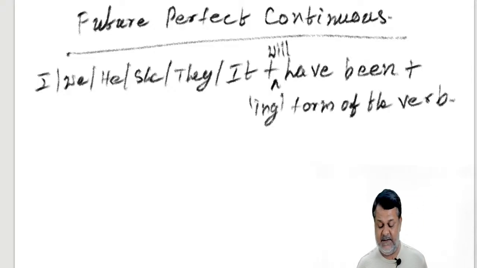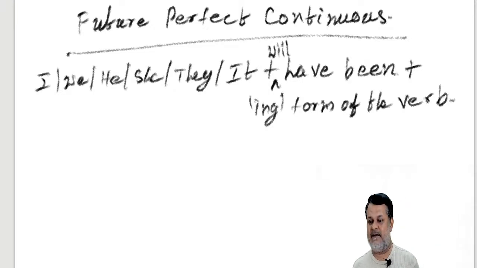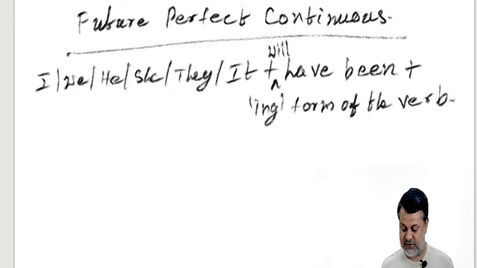So this is used to indicate the duration of a continuing activity at a particular time in the future. We'll use this to indicate a continuing activity, an activity which will be going on at a particular time in the future.